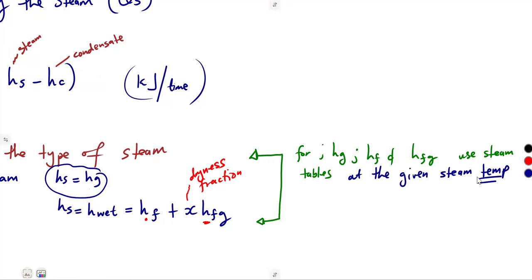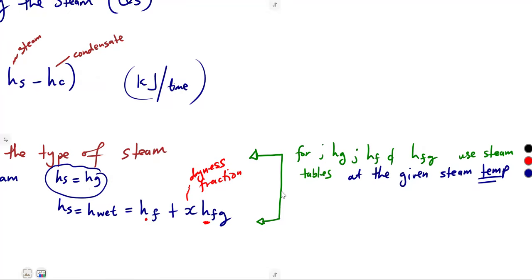The steam temperature. Very, very important there. Yes, they can do this on a consideration that the steam temperature is not given totally. Totally, it's not there. That's when you use the pressure. If they give you that pressure, you use that one. Or the absolute pressure.